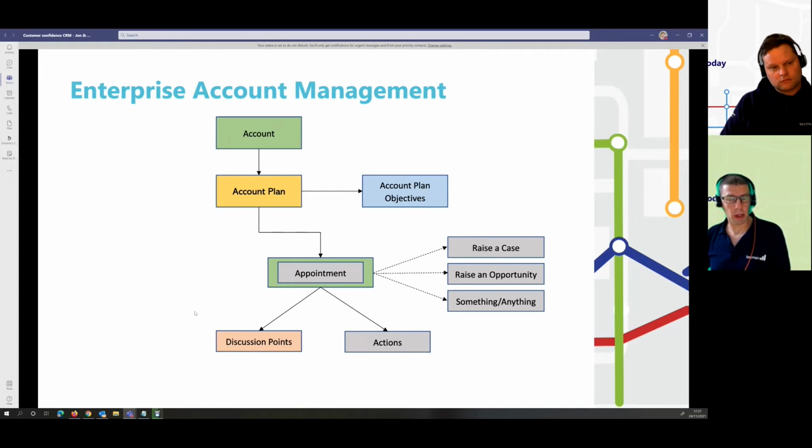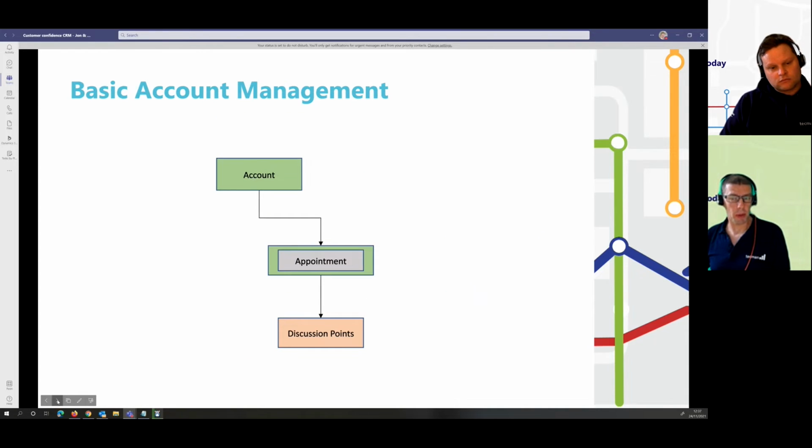If somebody has to write to those, you've got a limit on your license of 15, so this could consume quite a few of those if needed. However, if we move on to the more basic one, the only custom entity we're actually going to use here is discussion points. So if you are on a professional license, you can still use this system and it will give you everything that you need, but you're not consuming those custom entities.